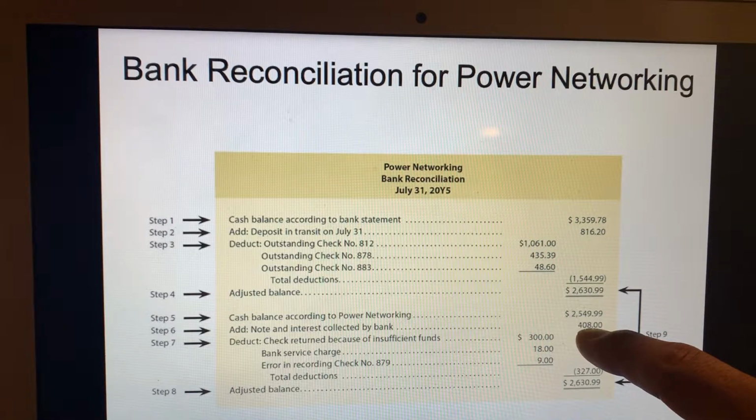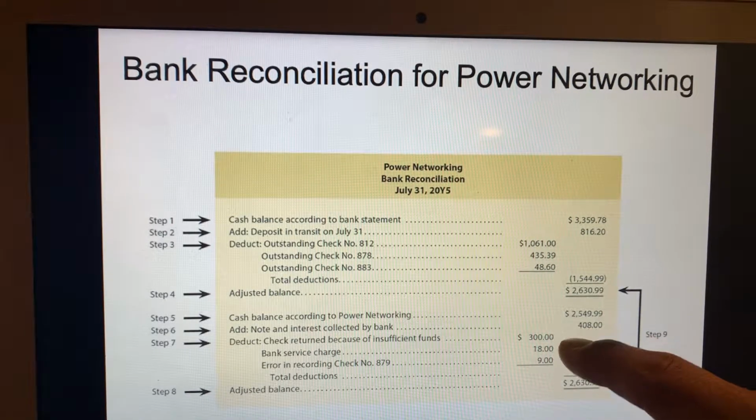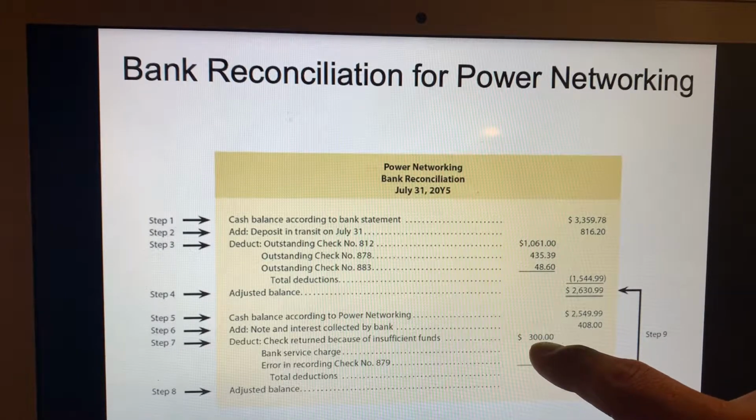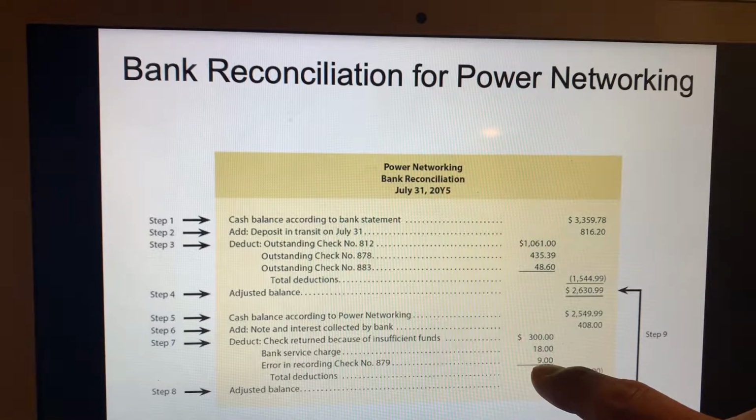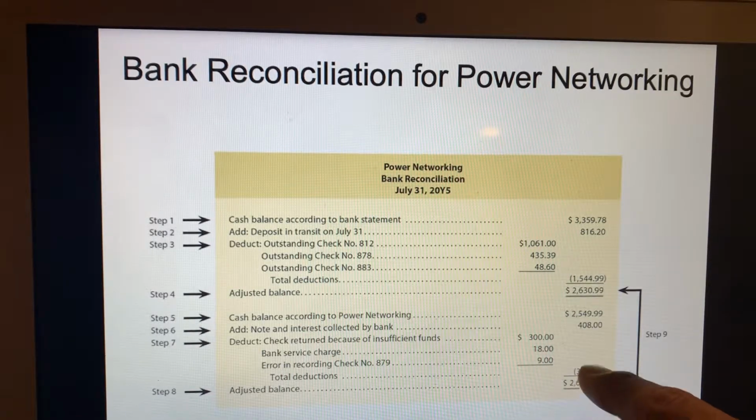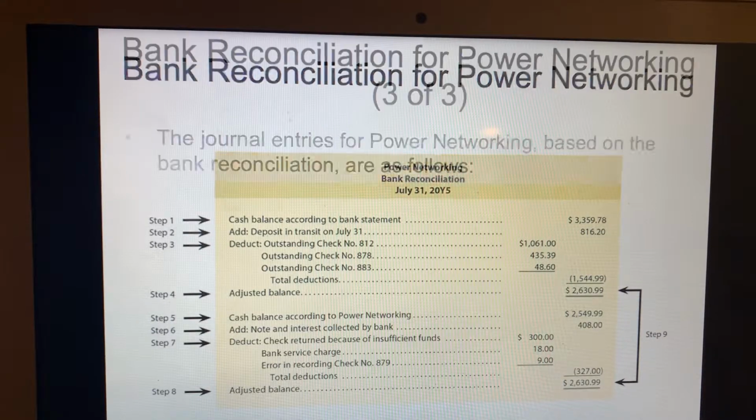Add interest collected by the bank of $408. Then we deduct that NSF check, the service fee for it, and then the error, the difference was $9. That totals $327. Add those, subtract $327, and we get $2,630.99. So those balance, so we are in balance, and that's exactly what you want, which is step 9 there.